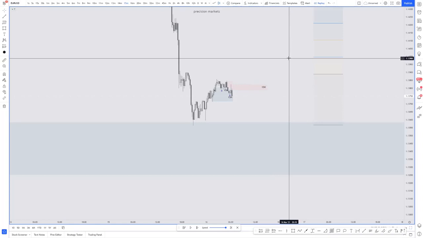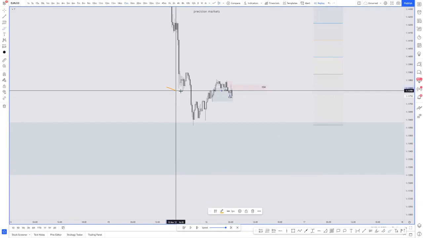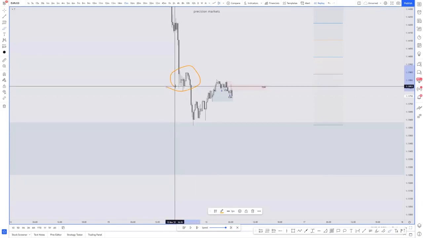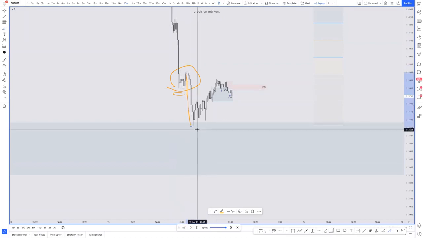So now that we have our supplies pulled, we should establish what's strong and what's weak. Right off the bat, we can say that this area is strong because it took out these lows. We had this drive down.